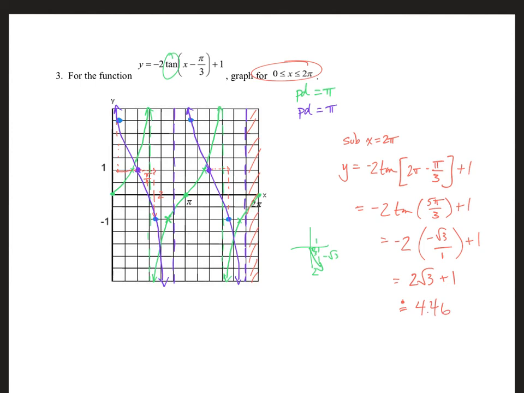So as we do a quick check, if I was to plot a point on my graph at 2 pi, my curve should be at a point of 4. That would put it way up here somewhere, up in the problem itself, which tells me that there is no part of that purple graph that should exist in that last pi by 6.